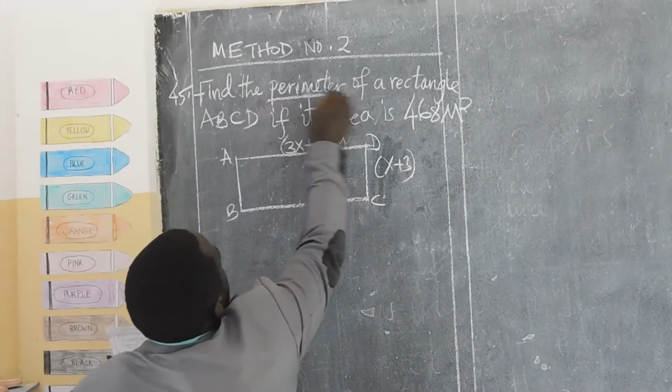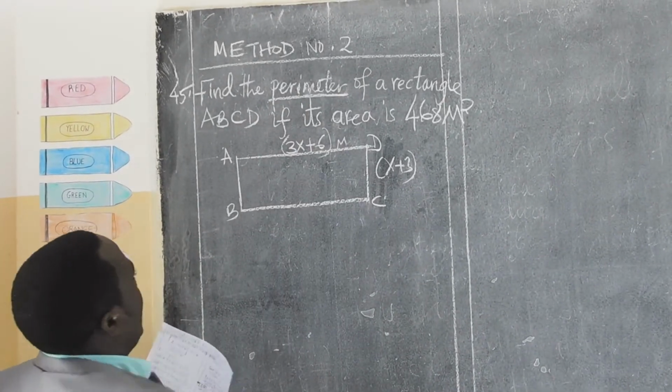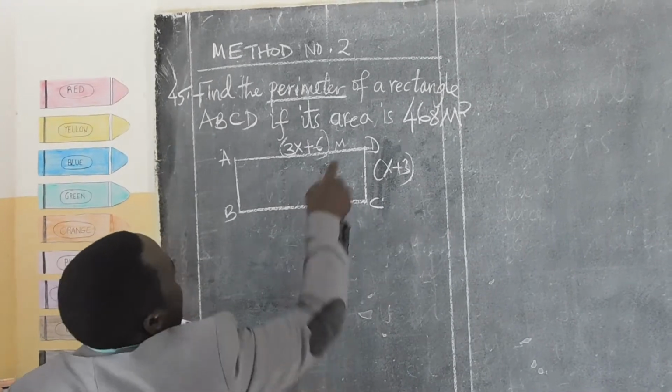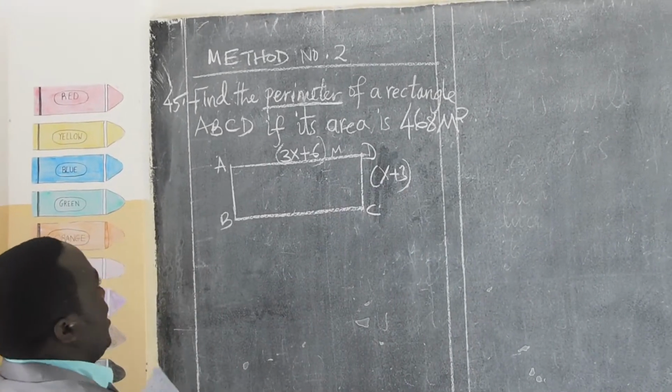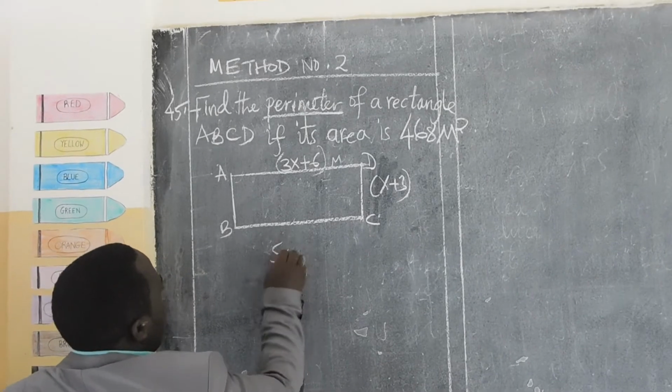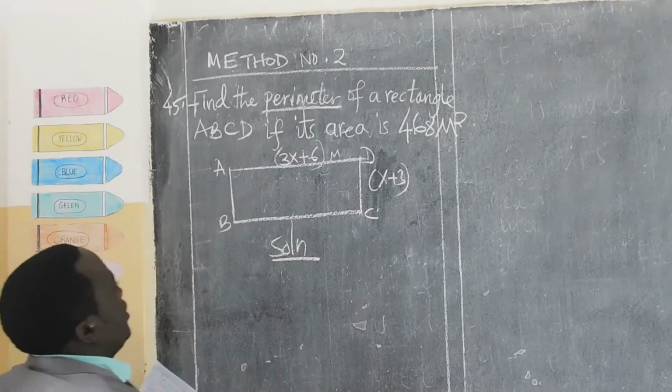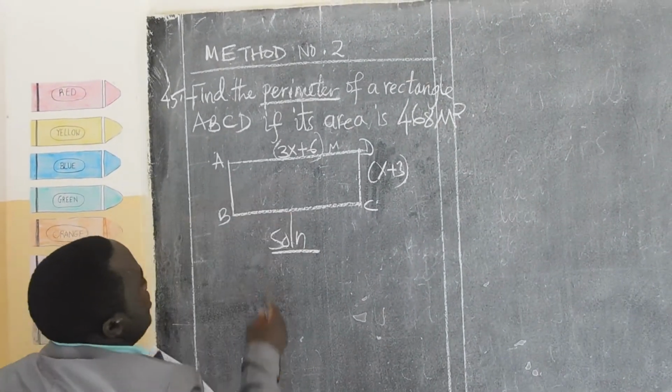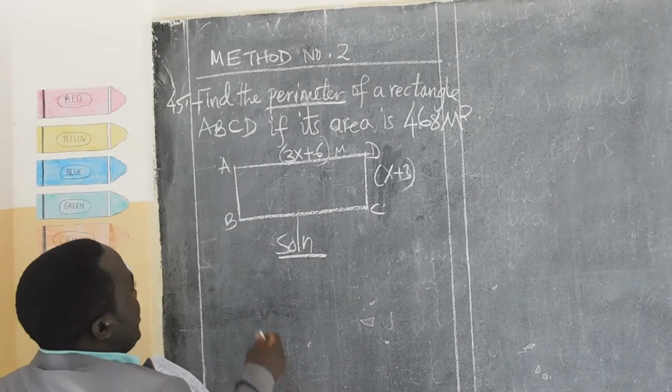We are asked to find the perimeter of a rectangle ABCD if its area is already given. So this solution, we have to perform according to the formula of the area of the rectangle.